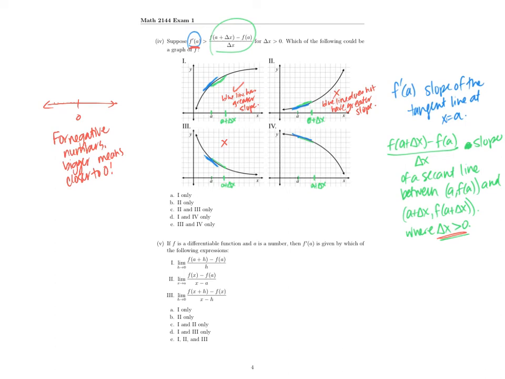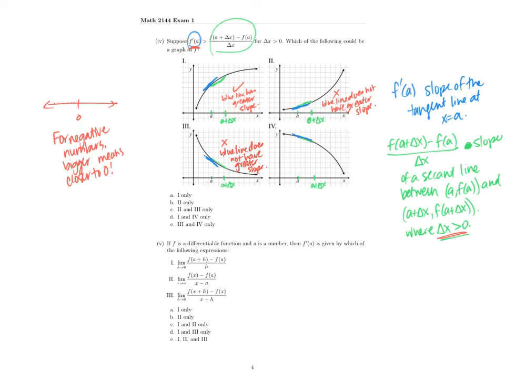This is not the case. So this is the green line, or we'll say it this way: the blue line does not have a greater slope. And on this one, I can see the blue line is less steep.